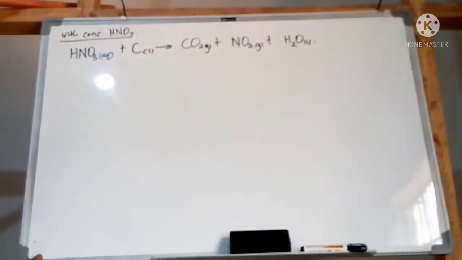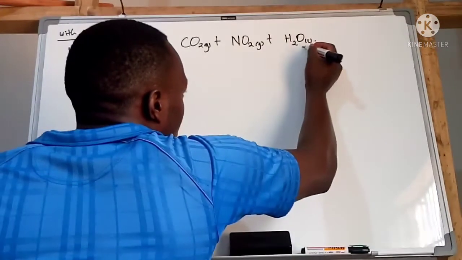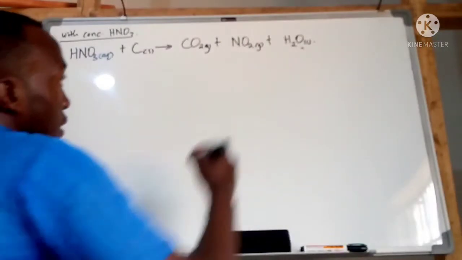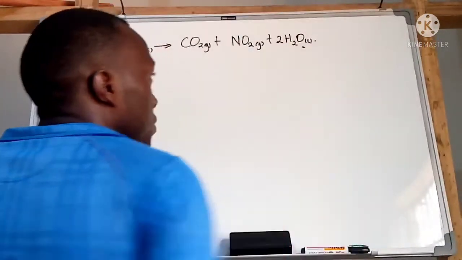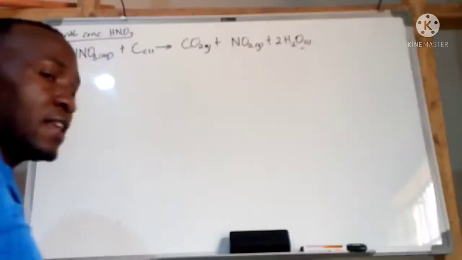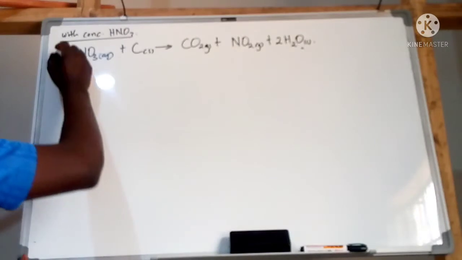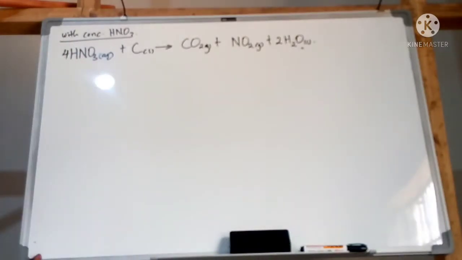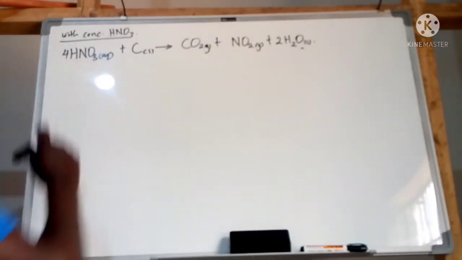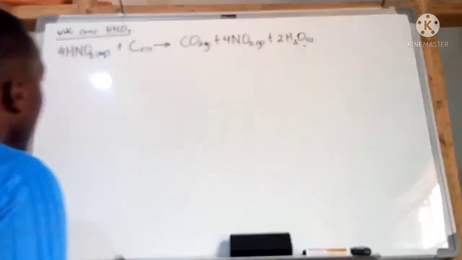So if we come to balance our equation swiftly, begin by this oxygen, which is in odd number, make it even. So I'm going to multiply by 2 such that all the oxygen this side is in even number. Hydrogen becomes 4. I come to nitric acid and multiply by 4. Nitrogen becomes 4. I come to nitrogen dioxide and multiply by 4.